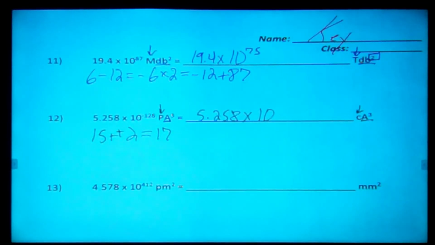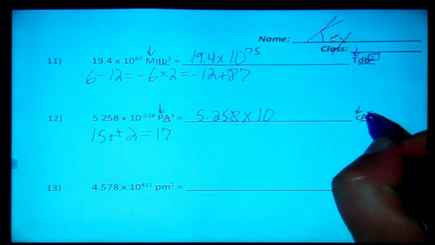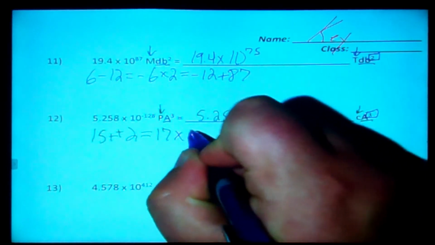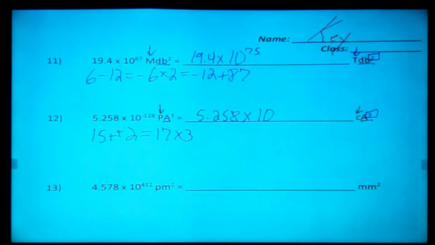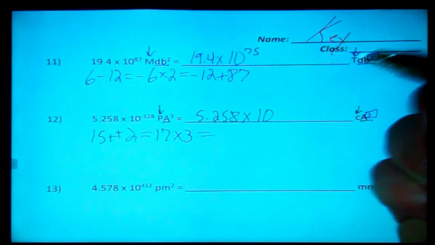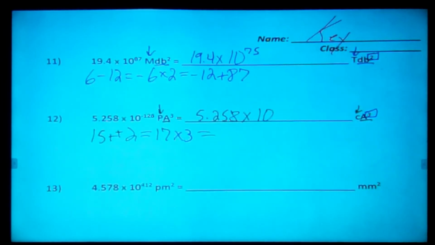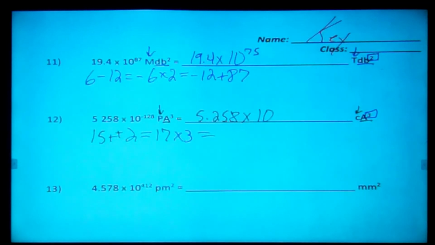Now from there, we look to multiply by any exponent that's on our units. In this case, we have a 3. So times 3. I'm going to have a calculator. You can use a calculator tomorrow. You just won't have the prefix handout. So 17 times 3 is 51.